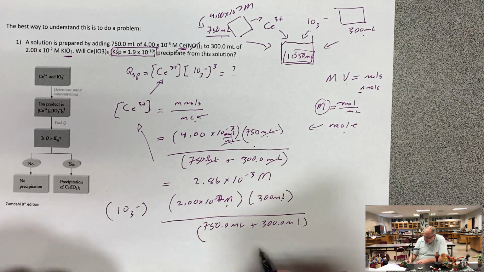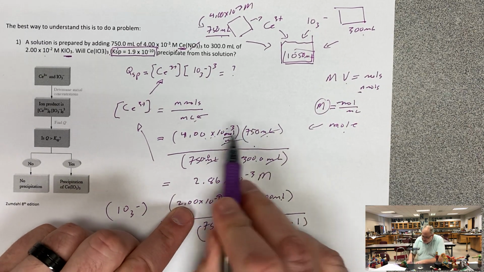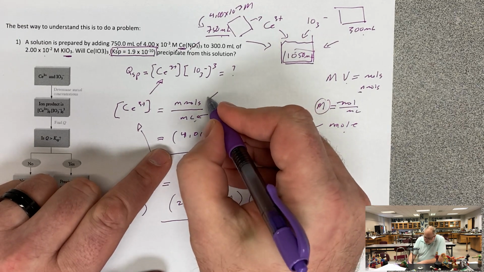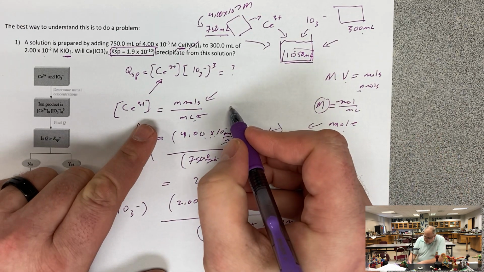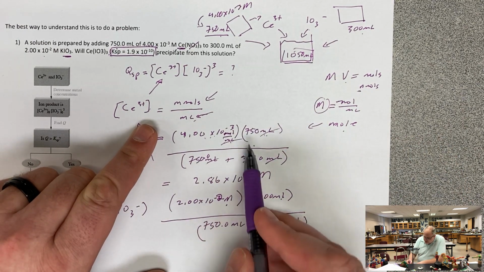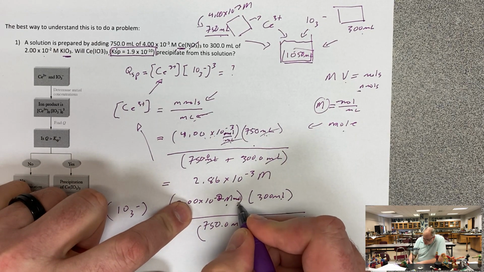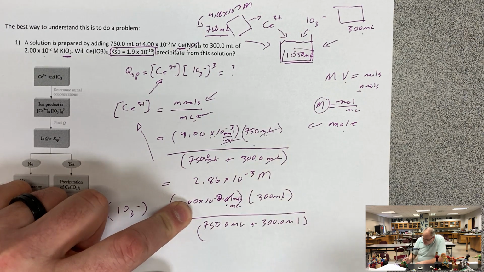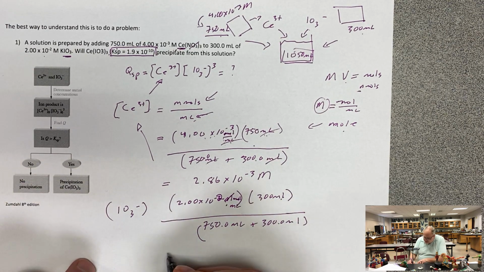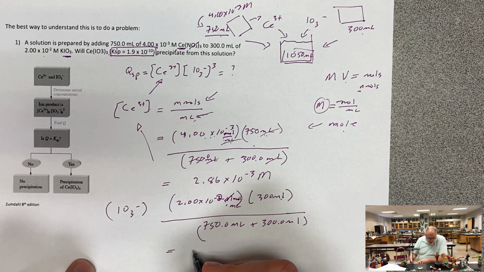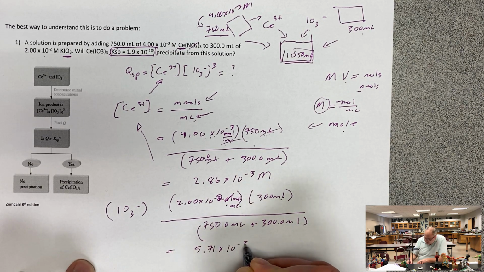Again, you might find it easier to multiply these two things together and end up with your millimoles, and then divide that by the overall volume, because that's essentially what we're doing right now. We're canceling out these two units because molarity, in this case, is millimoles divided by milliliters. So when we do the math on this, we get the same sort of deal, and in this case, the actual value we get is 5.71 times 10 to the negative 3 molar.